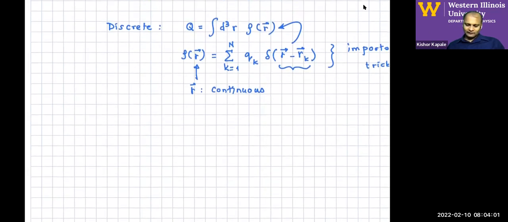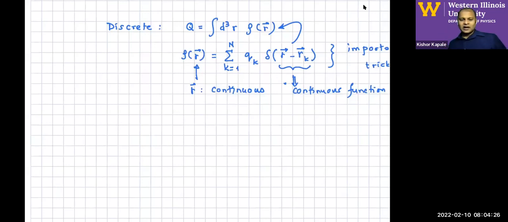So there is no way of using Kronecker delta to describe this. You have to have this delta function, which takes over the whole space, but it is zero everywhere except at the positions of the charges. So this is still a continuous function. That's what the Dirac delta function sort of allows you to do.